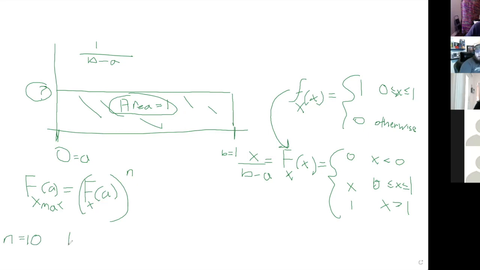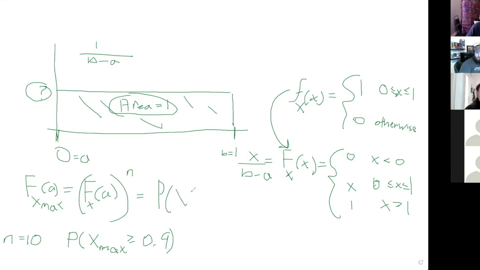And we want to calculate the probability that x max is greater than or equal to 0.9. Keep in mind, this function that we have over here is the CDF for x max.